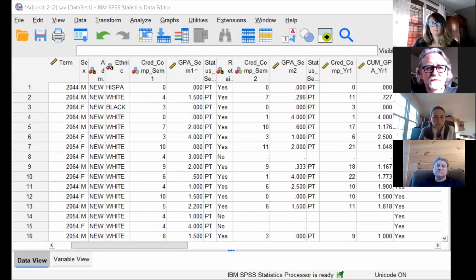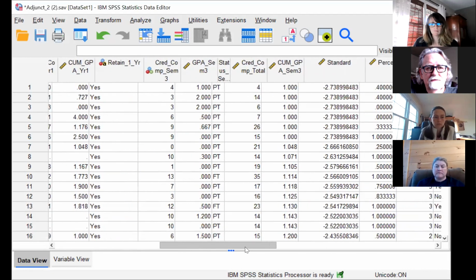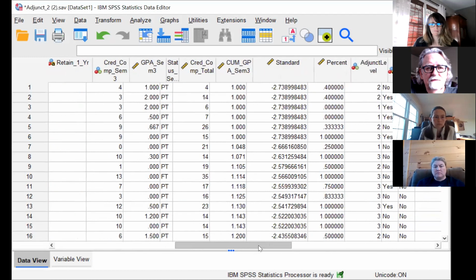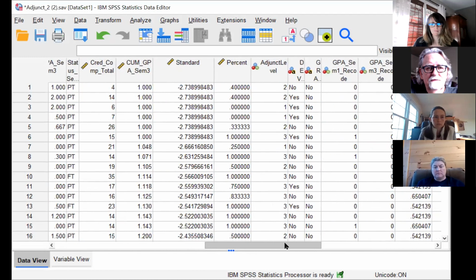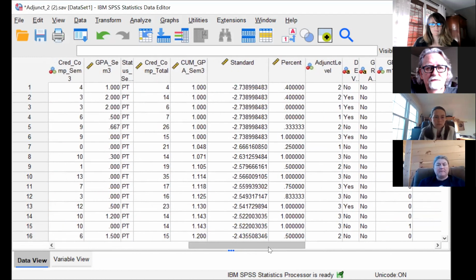So let me go back over here and pop up that share. Here I have GPA first semester, and then over there I have cumulative GPA.